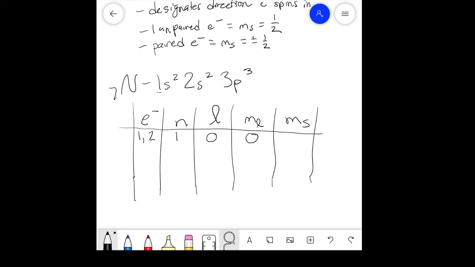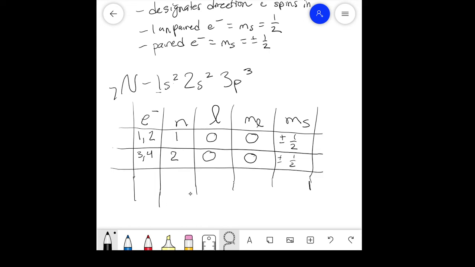And then the spin, since we have both electrons paired, is going to be plus minus half. Those are the first two electrons. The next electrons are going to be 3 and 4. They're going to be in the second energy level. Again, their L is 0 because we're in S, so is the M sub L. And again, since they're paired, we have plus minus a half.